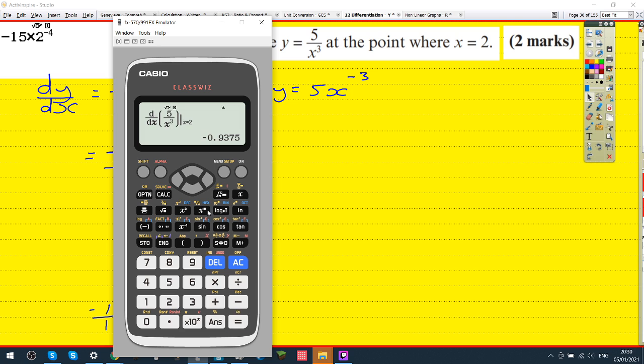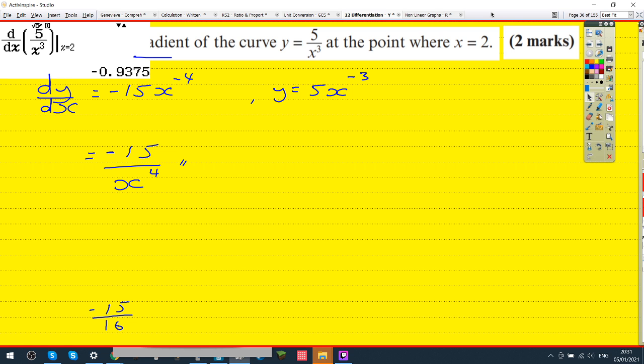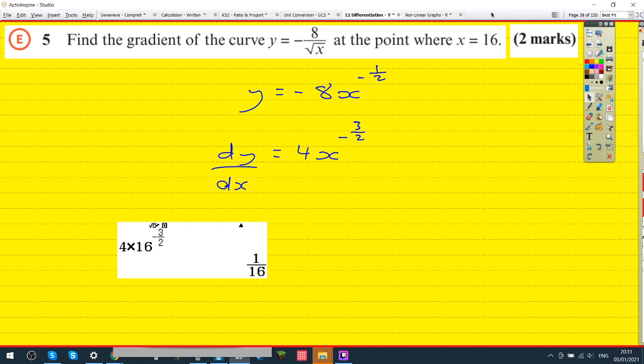And you should get minus 15 over 16 or minus 0.9375. Maybe that's a limitation, that it gives it to us as a decimal and not as an exact value. Yeah, you have to watch out for that.